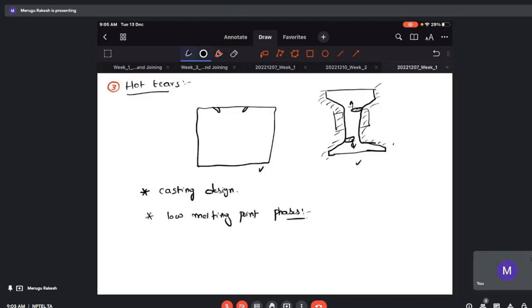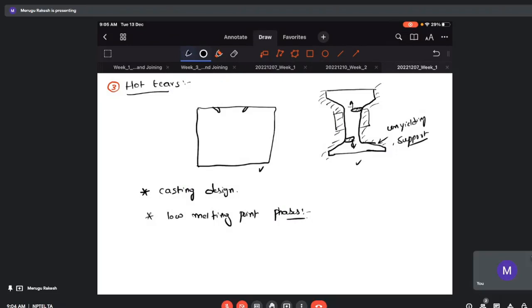Since they solidify initially and increase the hardness, the flexibility is not so good in that casting, and it finally results in hot cracking. So these supports we can easily call unyielding supports.